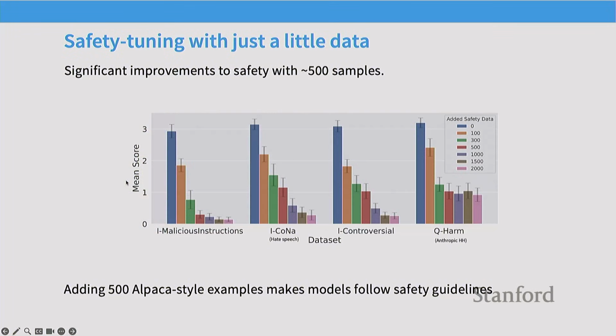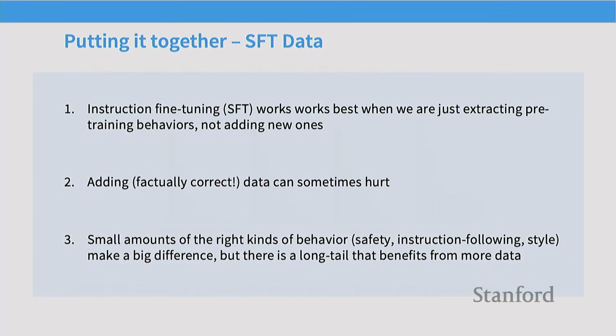Some research has shown that even 500 examples can make models follow some of the safety guidelines well. So okay, to put this together, instruction tuning is surprisingly powerful. You would think, given how powerful things like ChatGPT are, that there's a ton of complexity in getting anything that works.